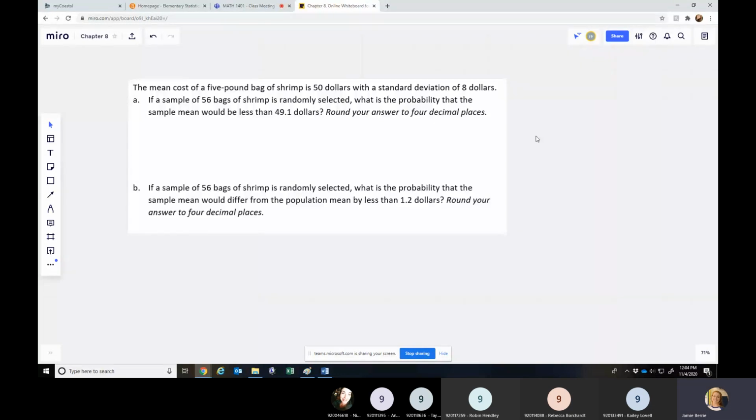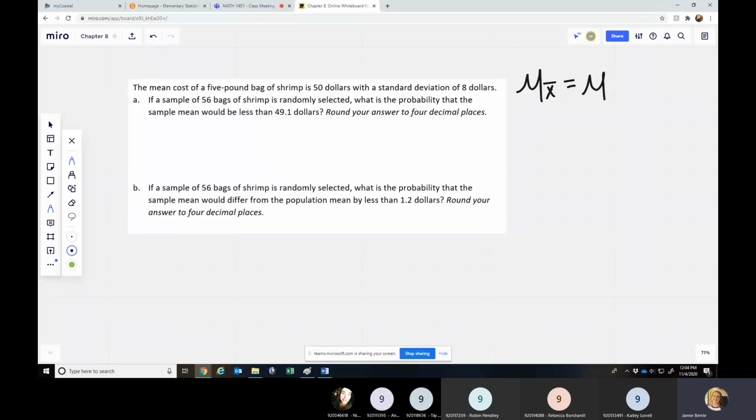Okay, so before I get to part A, I want to remind you of the formulas from section 7.1, which was called sampling distributions and the central limit theorem. That section told us that the mean of a sampling distribution of sample means is denoted mu sub x bar.